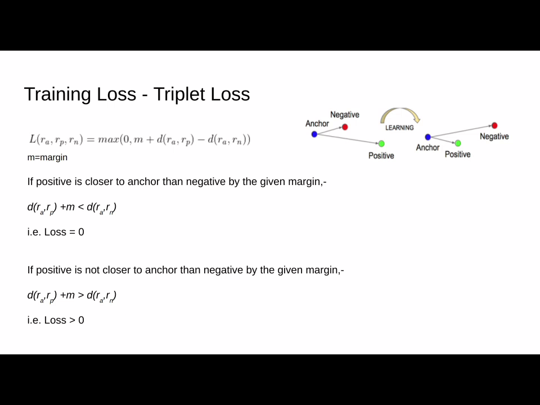And we also compare the anchor with a positive sample, which is an image of the same person, maybe from a different angle or different view, but basically the same person in the batch.